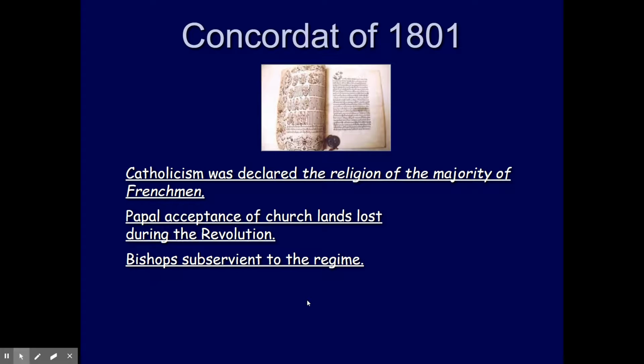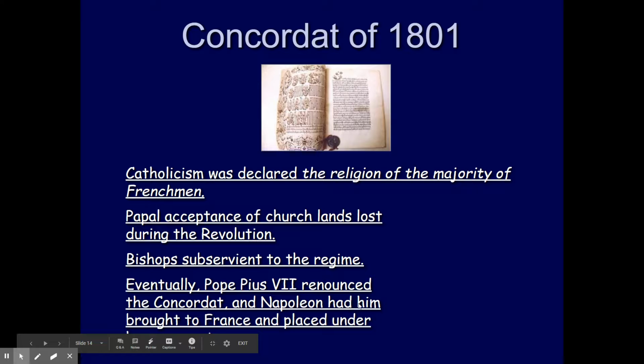The Pope had to accept that any lands in France, not abroad, but specifically in France, that were lost during the Revolution had to remain that way and were given back to the people. It also brought bishops under the control of Napoleon and his regime, so they had to answer to him and the government, not the Pope. This is something that rulers have been trying to do for an extremely long time, to battle with the church for political control.